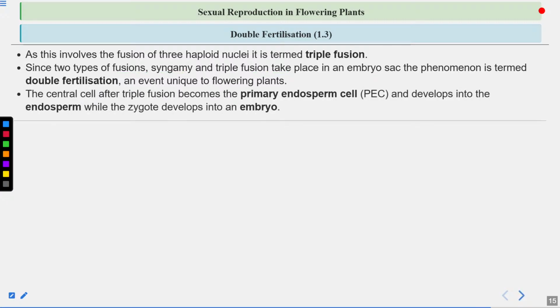The central cell, see this point. The central cell after triple fusion becomes the primary endosperm cell and develops into the endosperm, while the zygote develops into the embryo. Now, which will form earlier, embryo or endosperm?